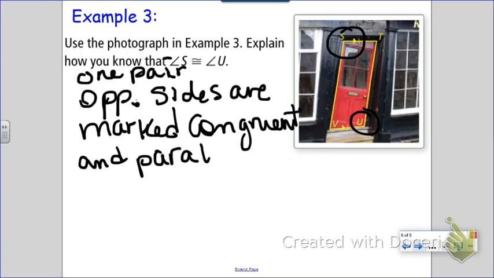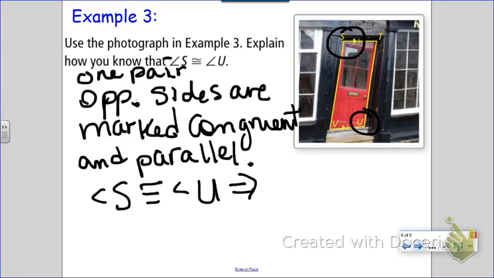And then our reasoning for this, angle S is congruent to angle U. Those are opposite angles congruent.